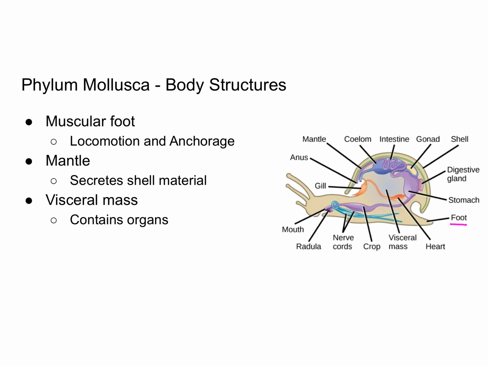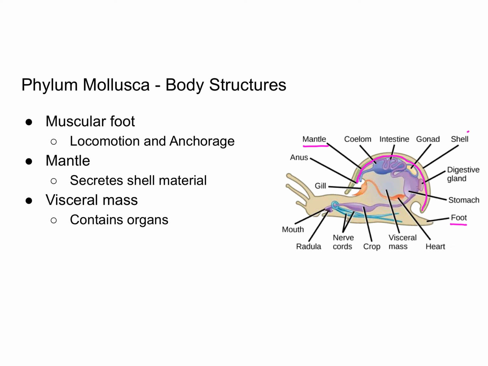They have a mantle, which is a tissue that secretes the material to make up the shell. So mollusks are typically animals that have a shell. Things like a snail are an example of a mollusk. The mantle, as you can see, is this tissue here just deep to the shell.